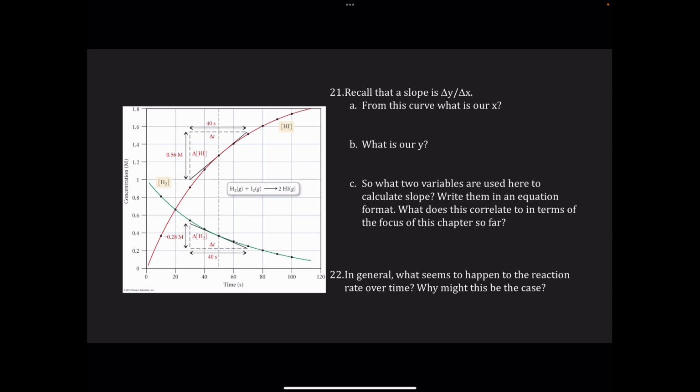So if we recall from math class that our slope is our change in y over our change in x. If we look at this particular curve, our x, or what's on our x-axis, is time. What's on our y-axis is going to be concentration.